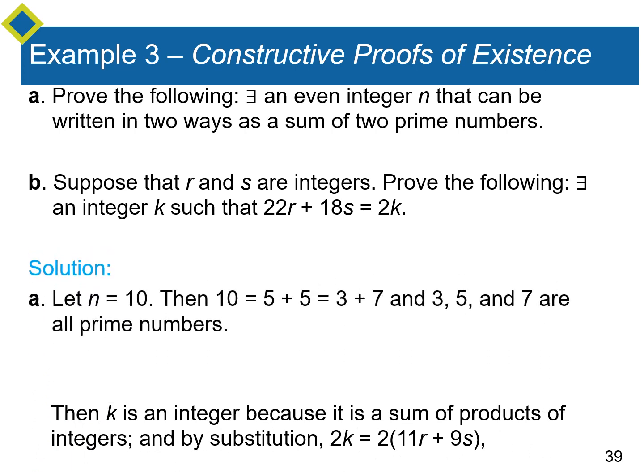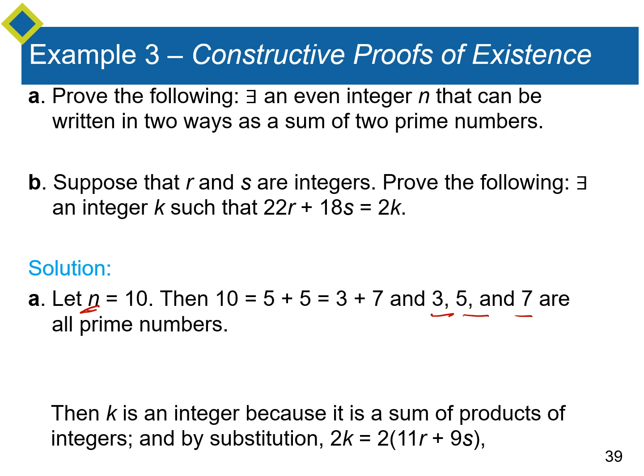So how to prove? For A, we find the n value. Example here, if n equals 10, so we get 10 equals 5 plus 5 or 3 plus 7, which are prime numbers.